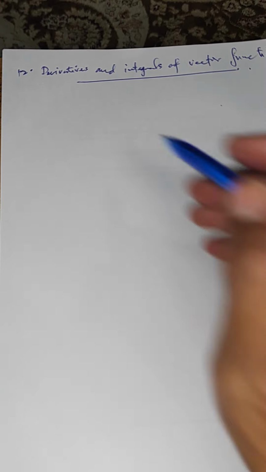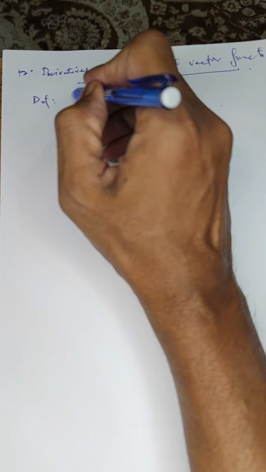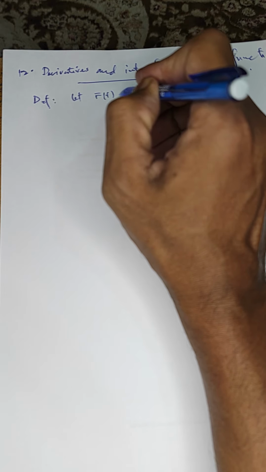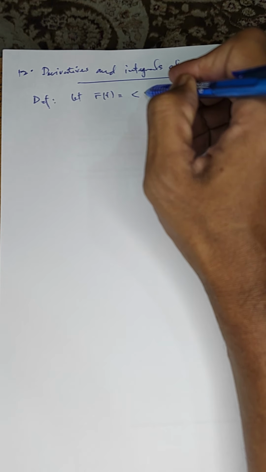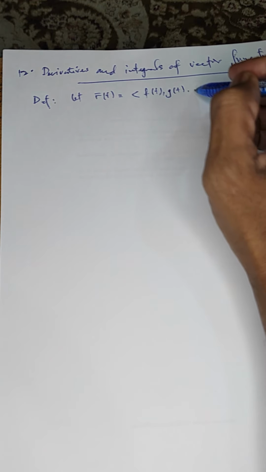Okay, so let me give you first a definition. We have a vector function r(t) with components f(t), g(t) and h(t).